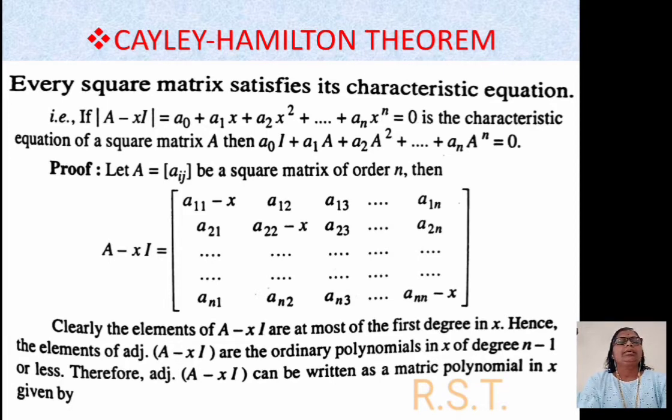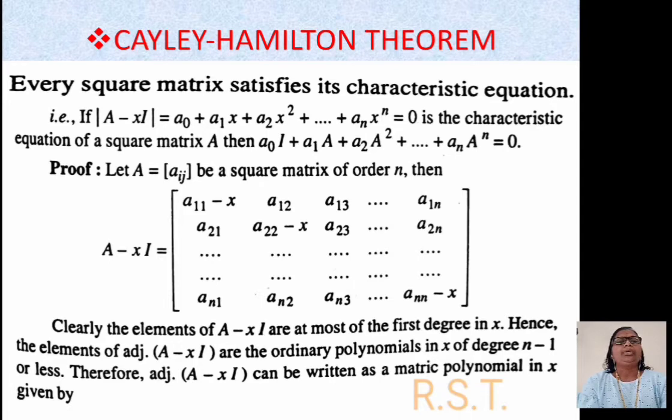Hence, the elements of adjoint of A minus xI are ordinary polynomials in x of degree n minus 1 or less.